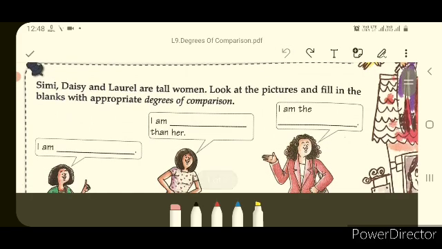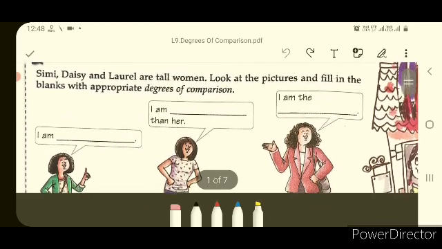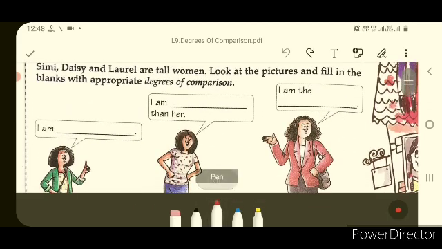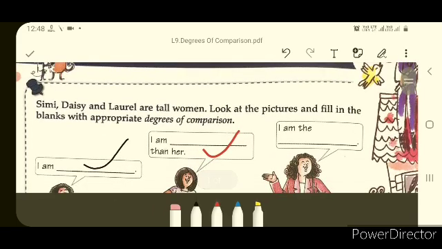Here comparison is made between three girls by the name Simi, Daisy, and Laurel. So they are all tall women. You are asked to look at the pictures and fill in the blank with appropriate degrees of comparison.